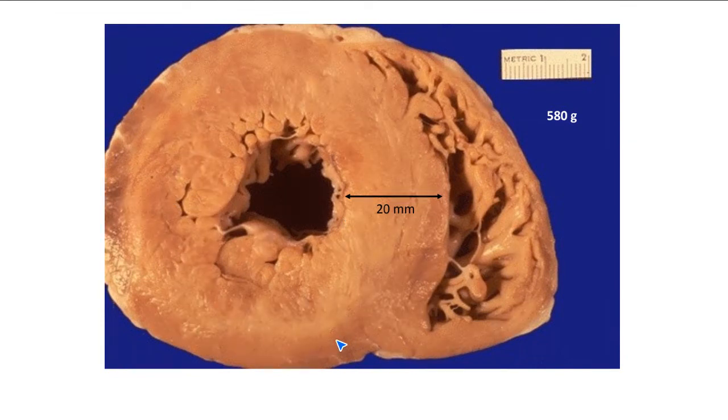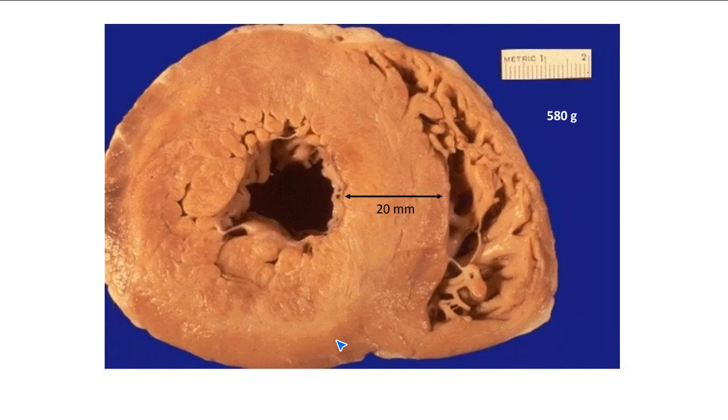So how would you define hypertrophy? I asked you to define hypertrophy. What would you tell me? Okay, so there's an increase in size of individual cells resulting in what?